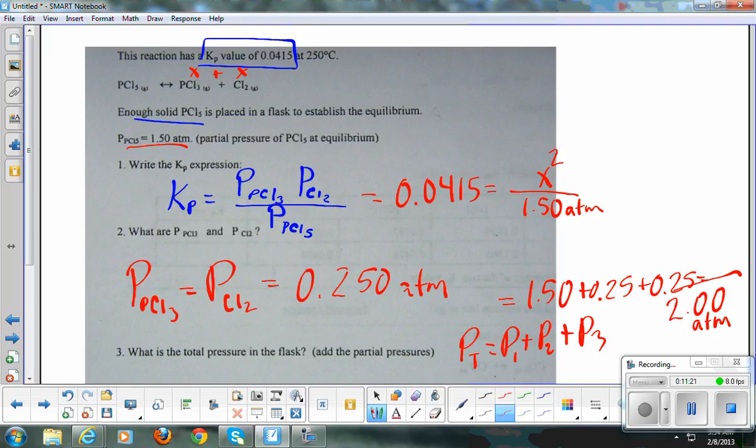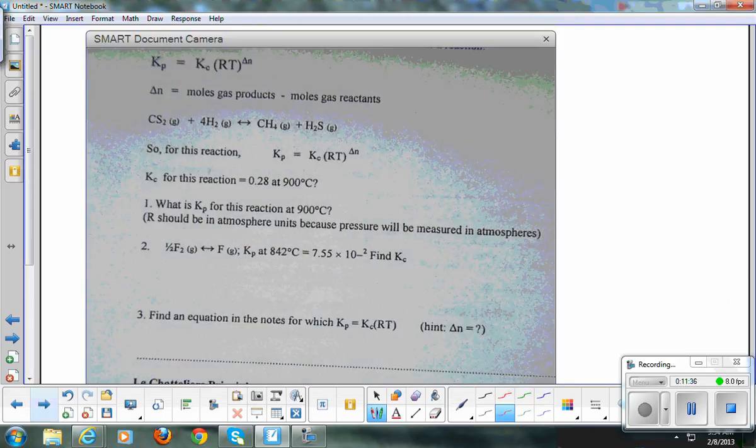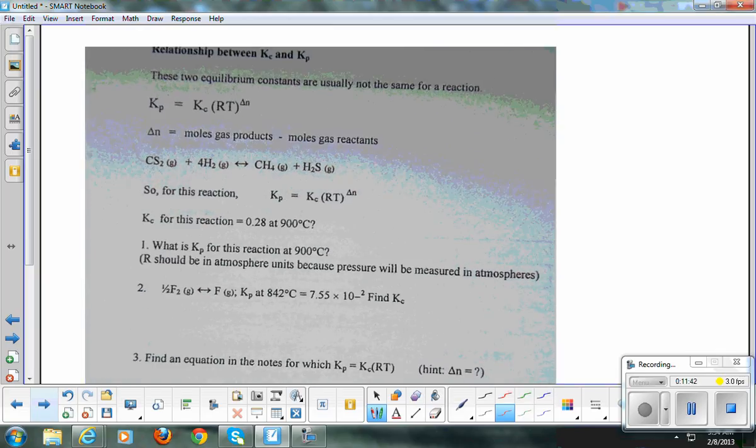All right, what I'd like you to do is, I believe on most of these others you can go backwards and forwards, but let's skip to that last page where there's a relationship between Kc and Kp. This equation is given on your list of equations, and it tells you how to go back and forth. So if I've got Kp but I need Kc, I can figure it out by doing RT. Now R is the R that we already know, which is what?